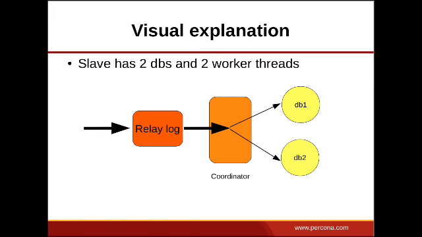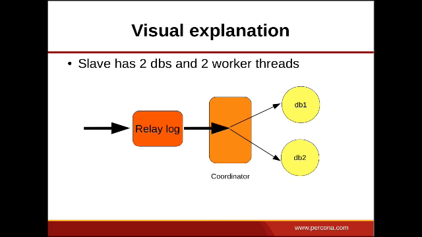So how does it work? Let's say you have a slave with 2 databases and 2 worker threads. The first thing is that the IO thread will copy the binary logs from the master to the relay log.